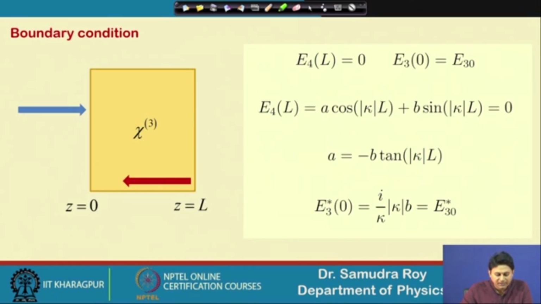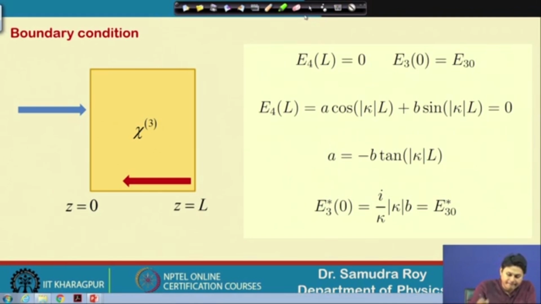As I mentioned, E3 is coming from this side. This is our E3, but E4 is generated inside and then moves out. Initially, E4 comes and reflects here.